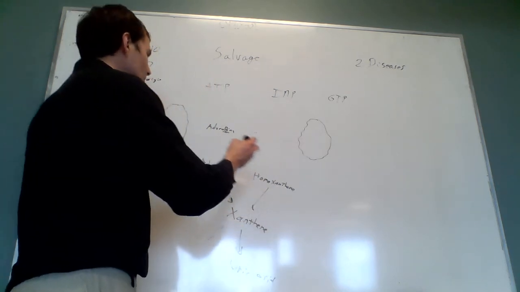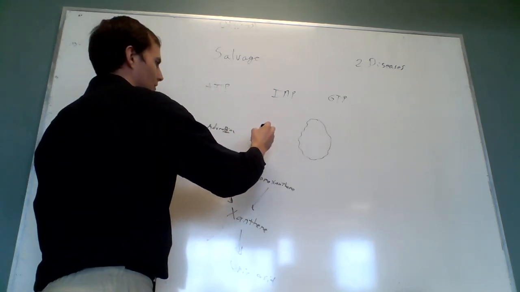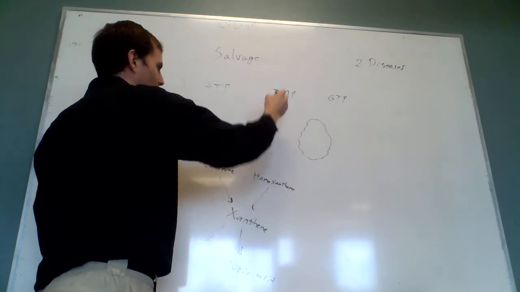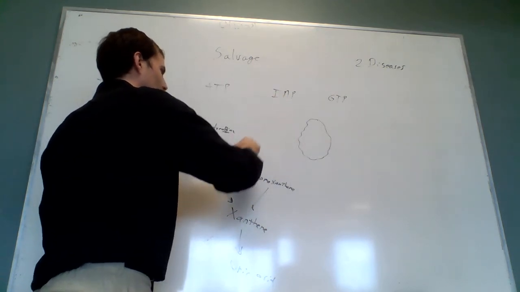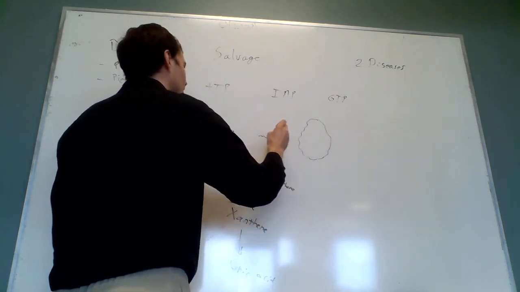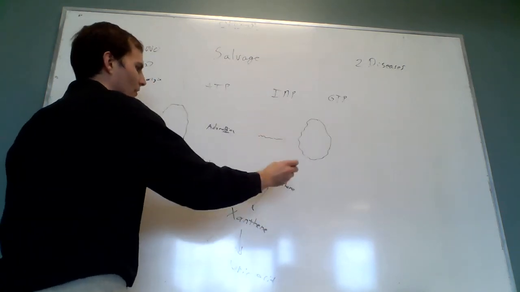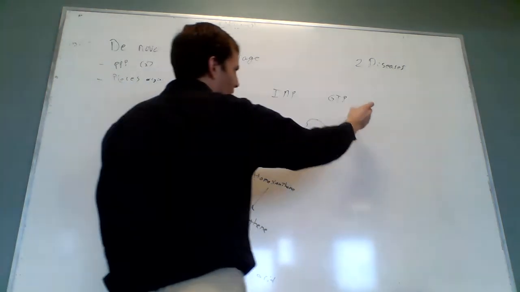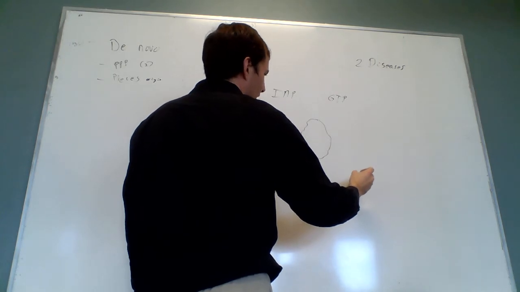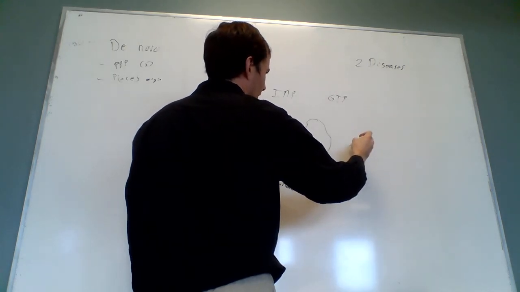All right, so, and then there's an intermediate that she never mentioned us needing to know, and so it's just without the regular sugar. And then over here we have guanine and guanosine.